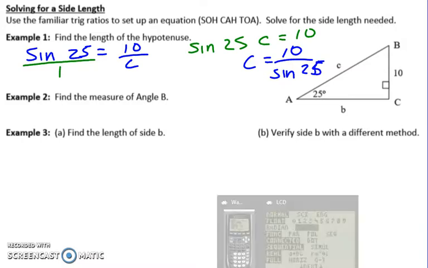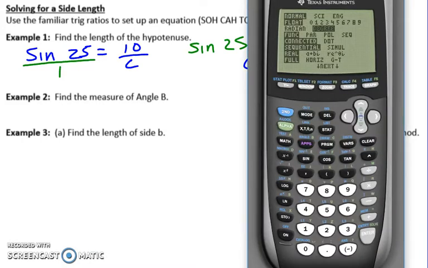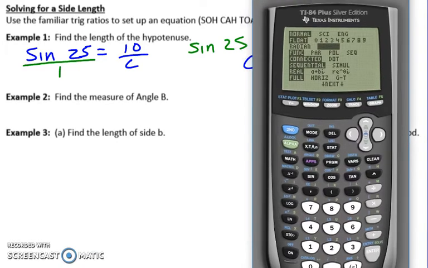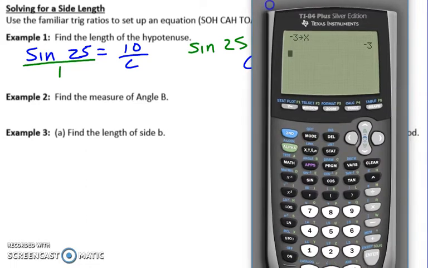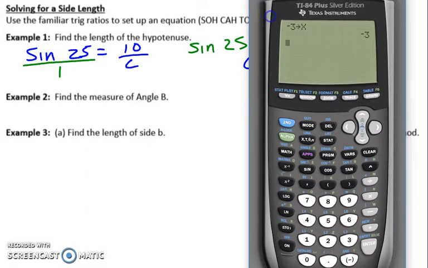So in your calculator, 10 divided by the sine of 25. And we get that c, our hypotenuse, is equal to 23.66.